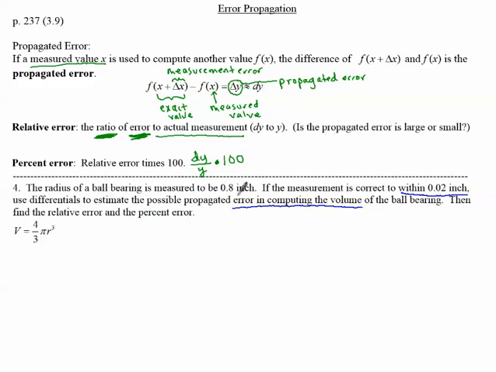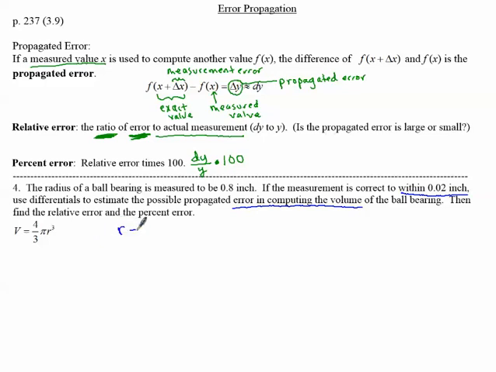So it was measured to be 0.8 of an inch, and we know this measurement to be correct with a possible error of plus or minus 0.02 inches, meaning we could have measured over by 0.02 of an inch or under by 0.02 of an inch.